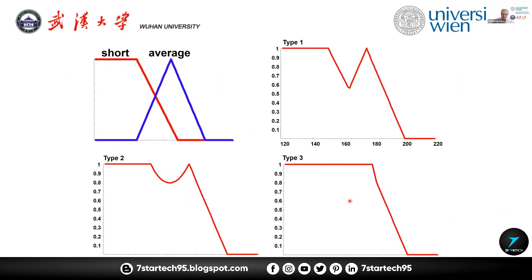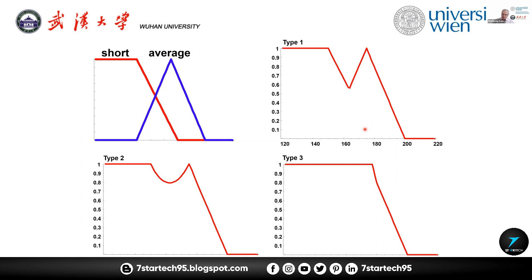In the next slide, I show you diagrams of the union of fuzzy sets, and I used as an example the fuzzy set for short and average, as we have had in our previous example. And here you can see the membership function of the union when you use these three different types of computing the union of two fuzzy sets.